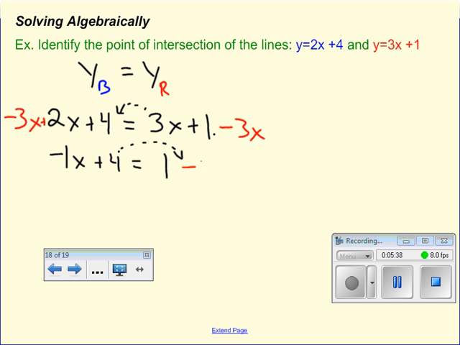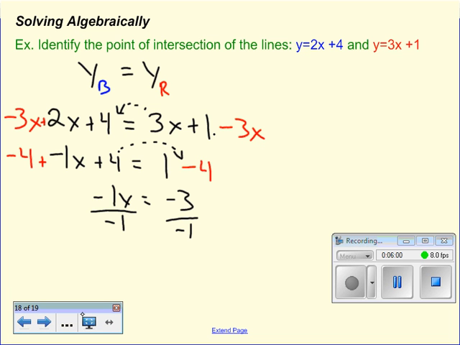Same deal, subtract 4 from both sides. Negative 4 plus 4 is 0, and 1 minus 4 is negative 3. I'm left with negative 1x here, so I have to divide both sides by negative 1. For my x value, I get 3, which is great.